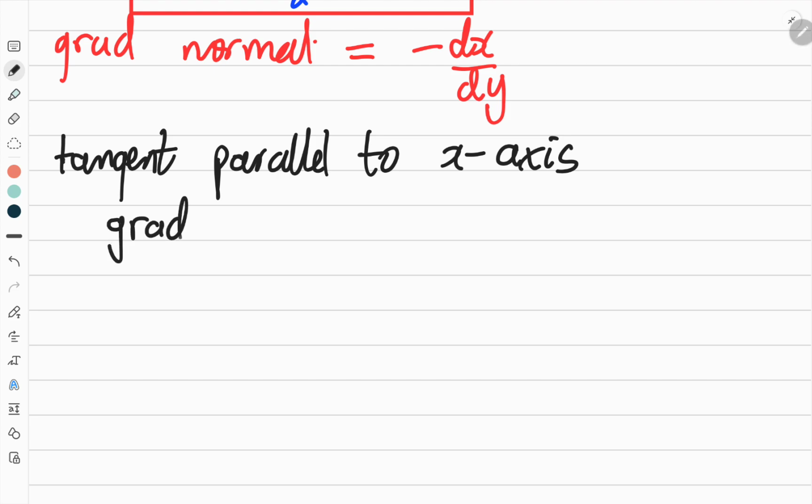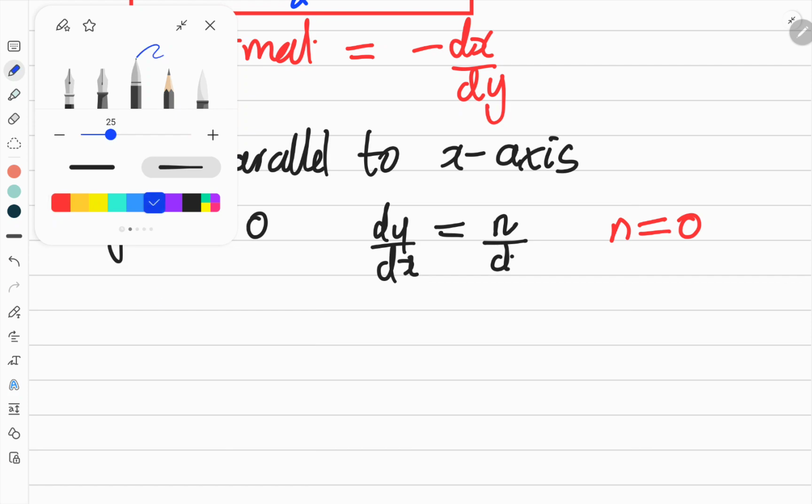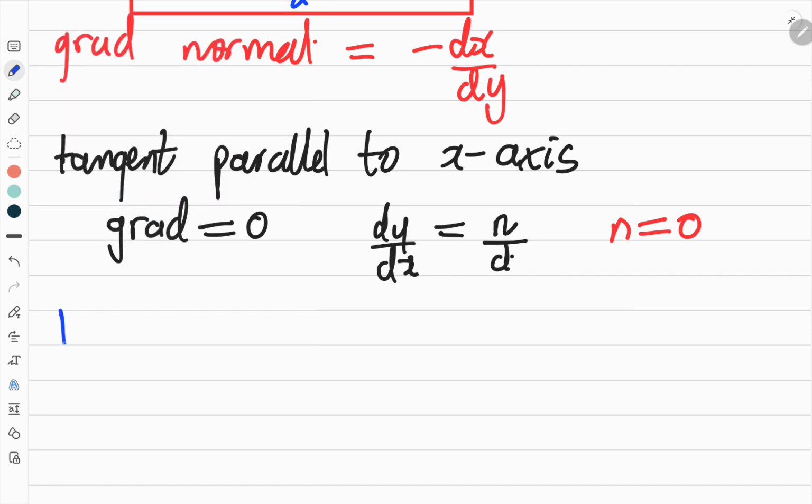It means its gradient is equal to 0, which also implies if your dy dx is a fraction, whereby we have a numerator and a denominator, then in short, we could say the numerator should be equated to 0.